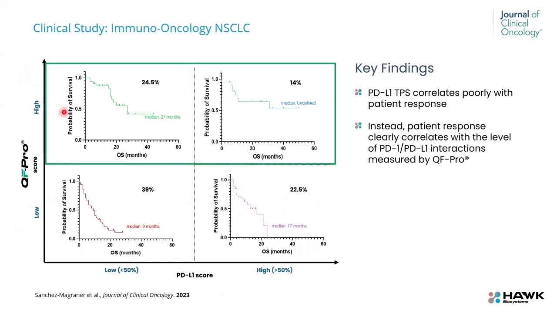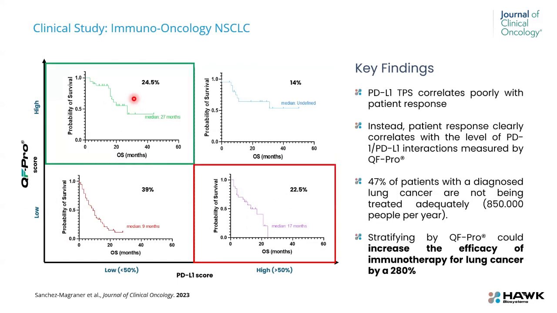And on the other hand, if we look at these other 24.5% of patients, which right now are not being treated, they clearly respond to this therapy. So this is showing the need that we have for these novel biomarkers. So at the end, more than 47% of patients are being diagnosed with lung cancer and not being treated adequately.